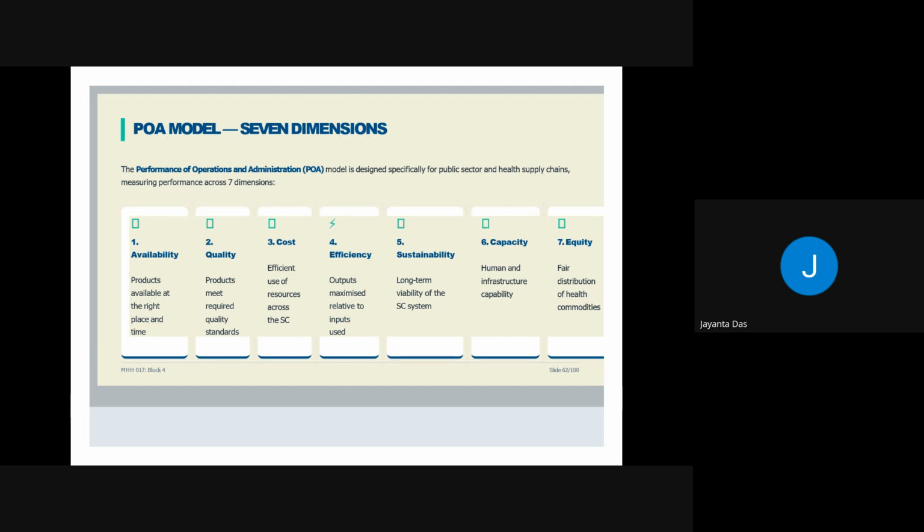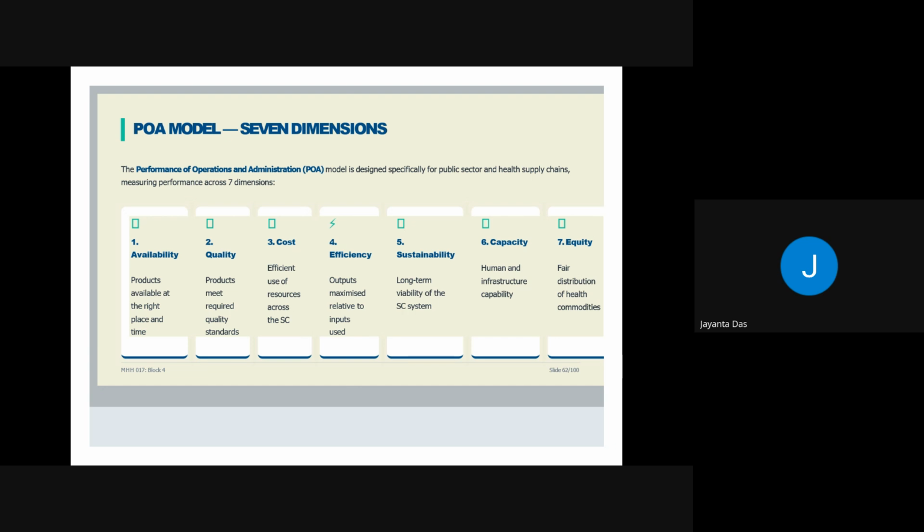Cost, the efficient use of resources across the system. Efficiency, the output maximized relative to input. Sustainability, long-term viability. Capacity, human and infrastructure capability. And equity, fair distribution of health commodities.